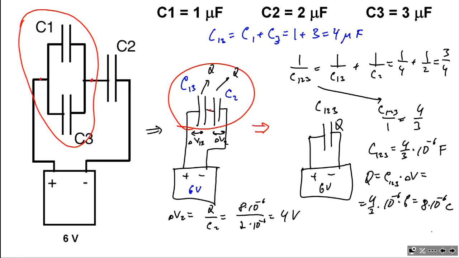So that immediately tells us the voltage 1,3 should be equal to 6 minus 4, 2 volts. But of course, it also should be equal to Q over C13, 8 times 10 to the negative 6 over 4 times 10 to the negative 6, 2. Consistent. Good sign.